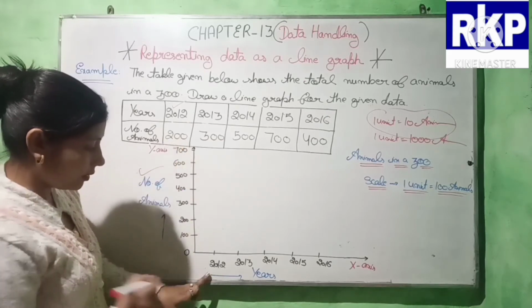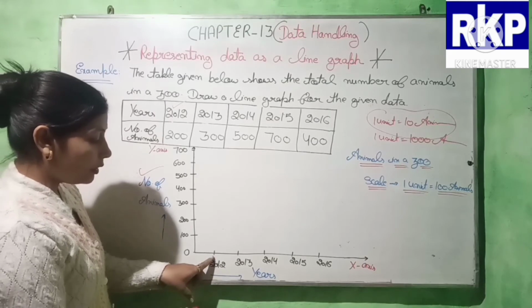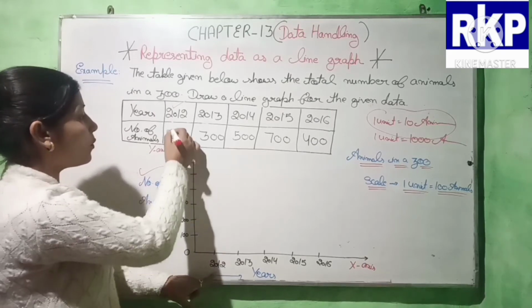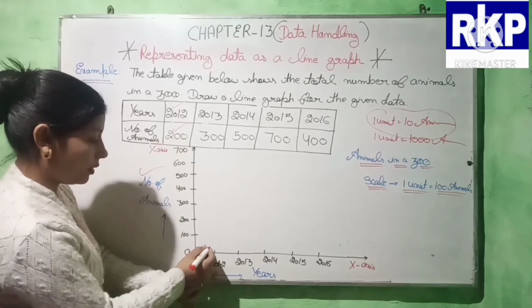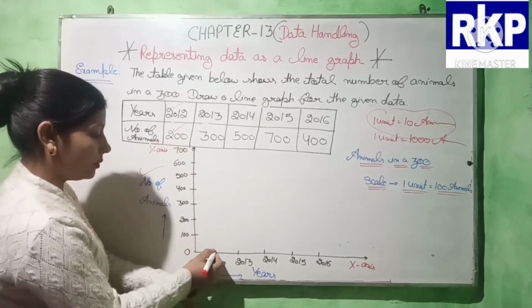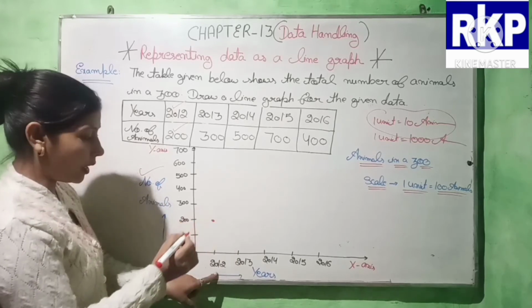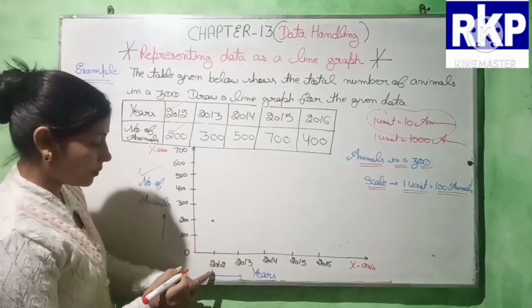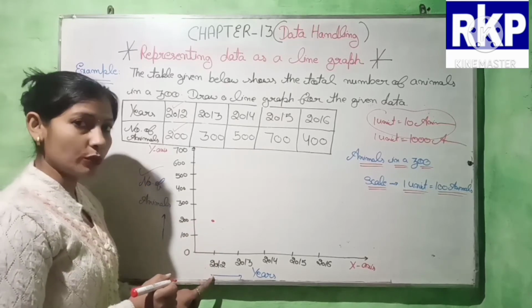On x-axis we have years. So in 2012, how many animals were there? 200. So here 100, 200. Here we have to put a point. This point shows 200 animals in the year 2012.